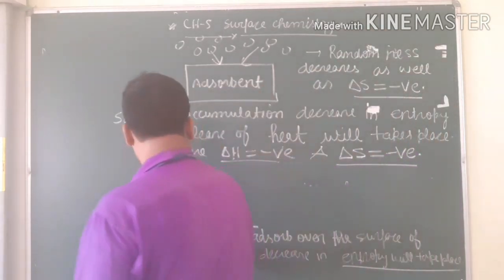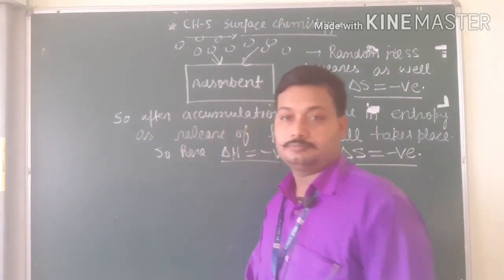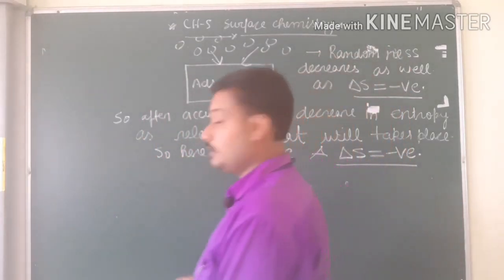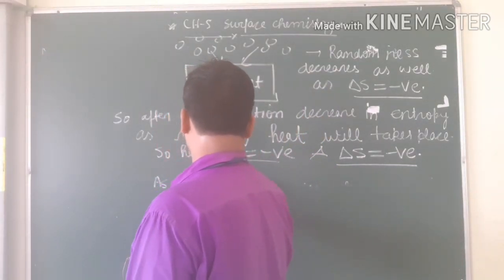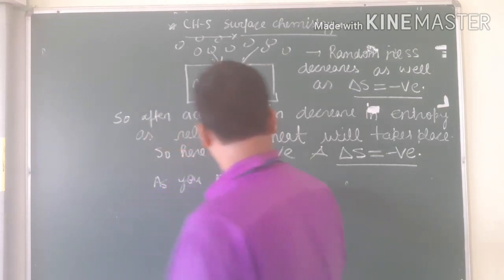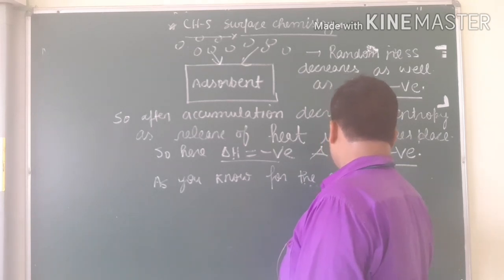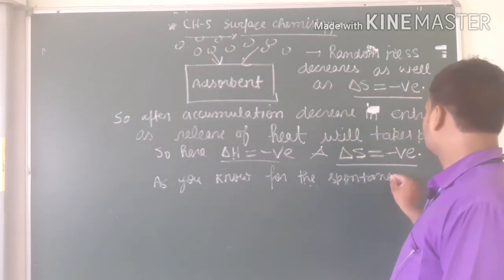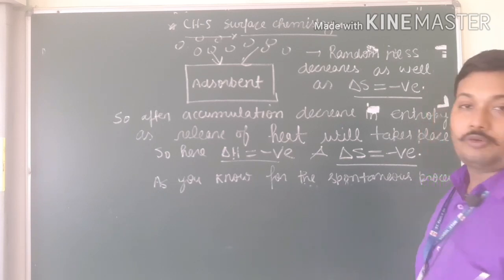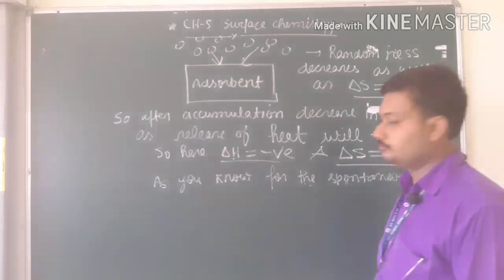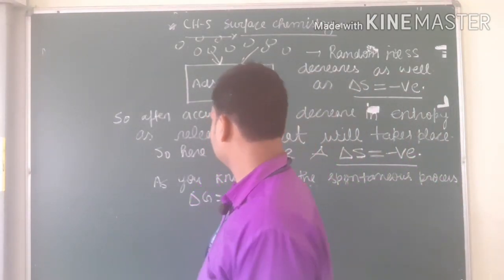As you know, for the spontaneous process, delta G is also negative.